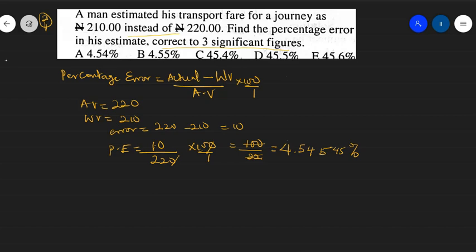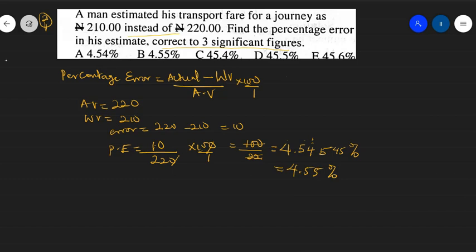This is the first significant figure, this is the second, this is the third. Now look to the next number. Is it up to 5? If it's up to 5, round it up by adding 1 to this one. But if it's less than 5, round it down. So my answer, since it's up to 5, is going to be 4.55%. And that is option A.